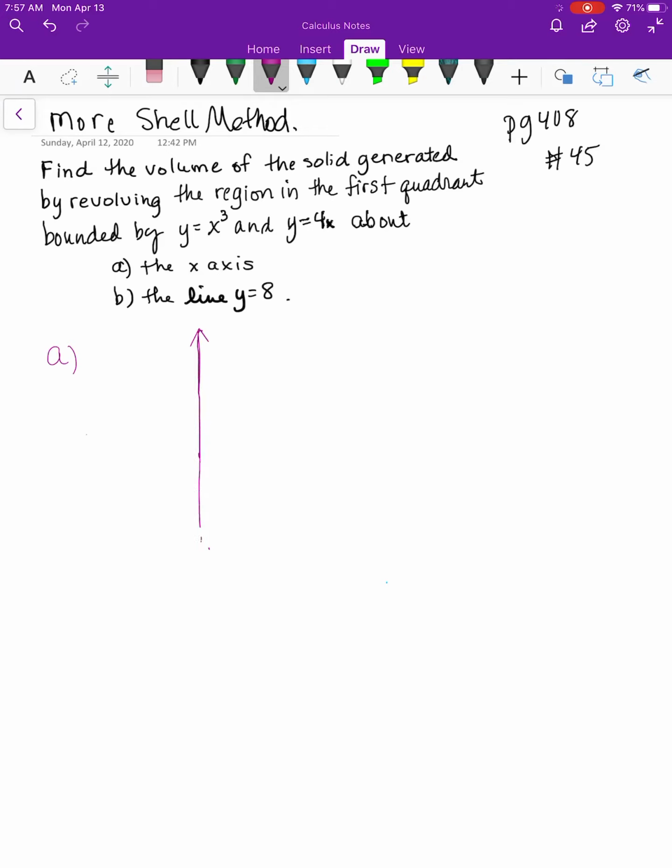The first thing we're going to do is sketch a graph. And I've got y equals x cubed, and I've got y equals 4x, and they only want the part that is in the first quadrant, so I don't have to worry about that other piece.